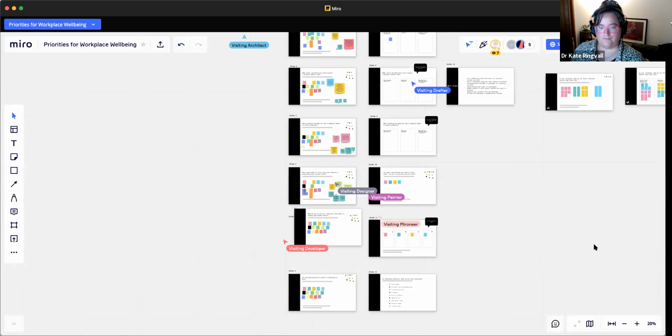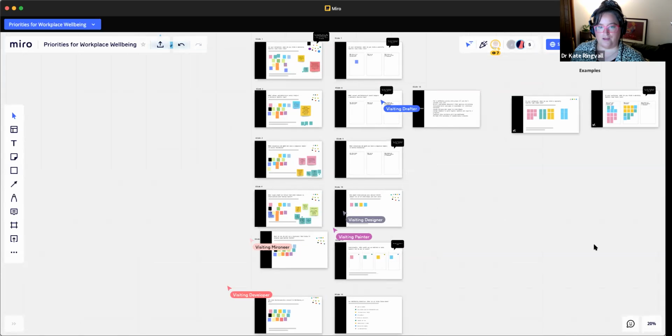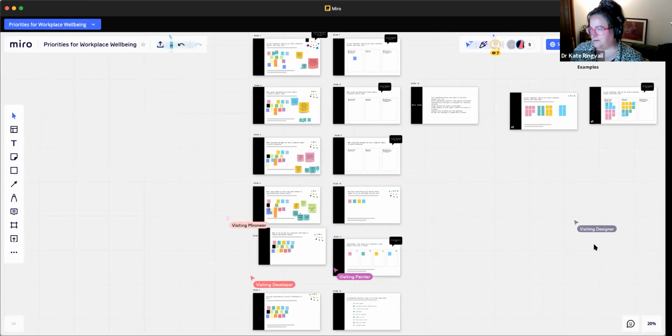Give us a shout if you can't find us, but we're on slide 4 and we're about to go to slide 5. Someone's moved the slide around, but that's all right.